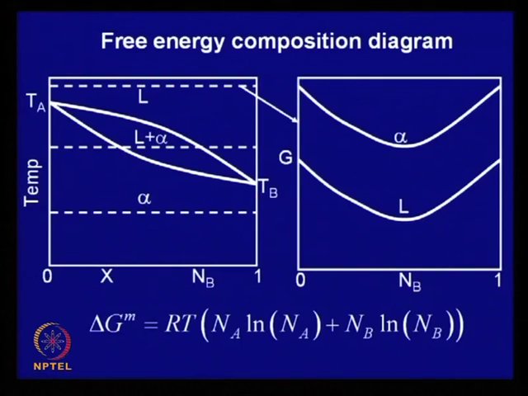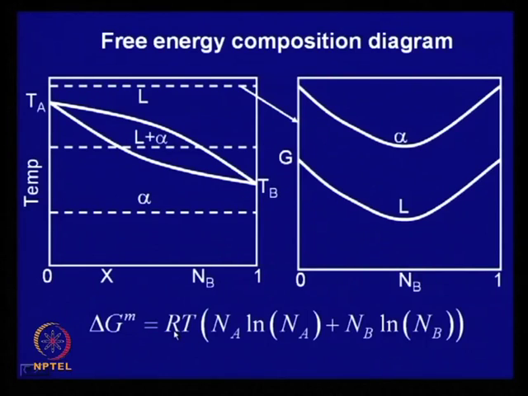Now, let us look at the free energy composition diagram. Now, we know that the free energy of a solid solution is a function of its composition, and for an ideal solid solution we know that free energy of mixing is given by this expression.